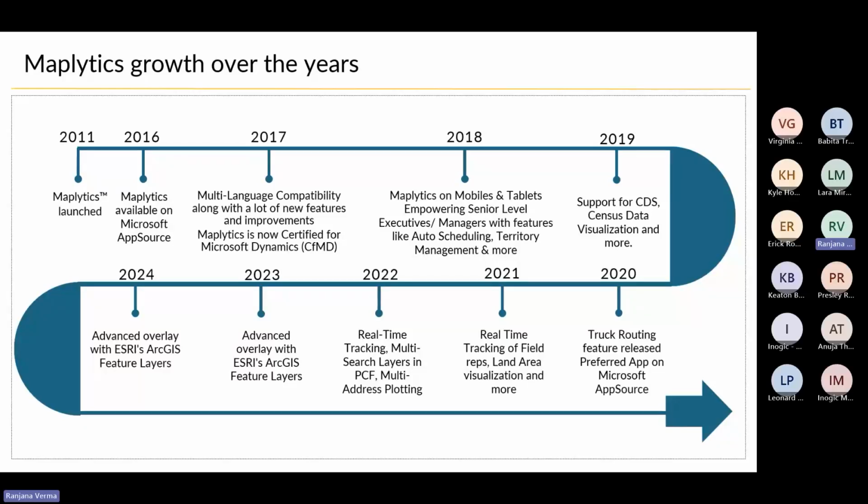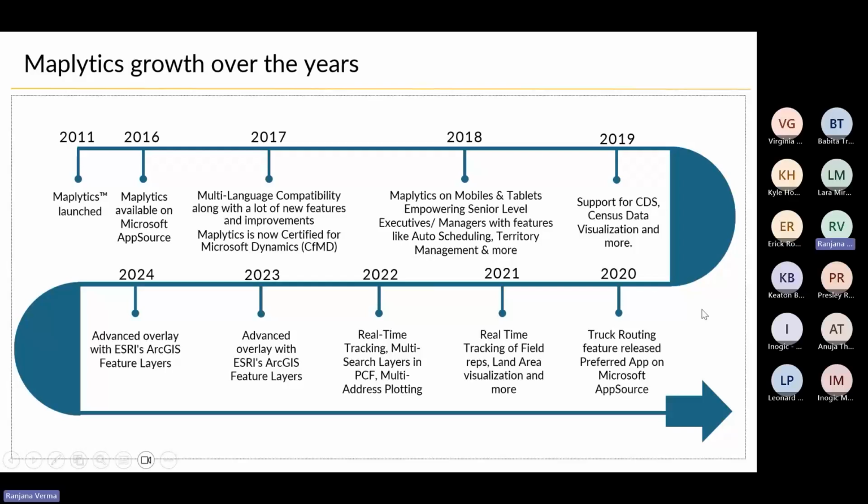This webinar has a couple of released features that I will be showing you. These are all the features that we have in Maplytics as a whole, and we are constantly upgrading ourselves. Since we have been in this for a decade now, this product is much more stable when it comes to a tool versus customization.